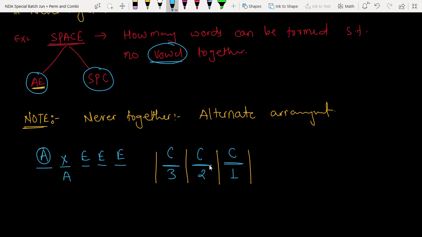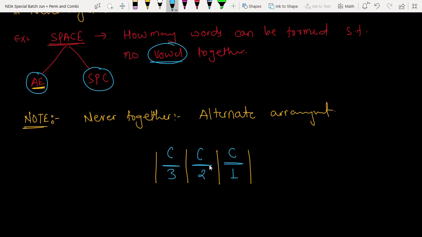A may go here. In that case you cannot put E here, but in that case you will have E here only. So when you place this opposite entity first, थोड़ा गड़बड़ हो जाएगा, so the calculations unnecessarily will increase. So whenever they have given the vowels, opposite entity को पहला fix करना है.